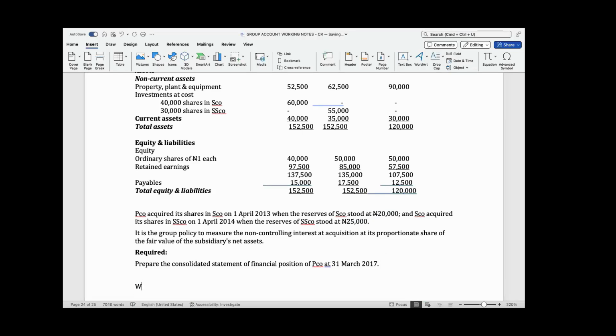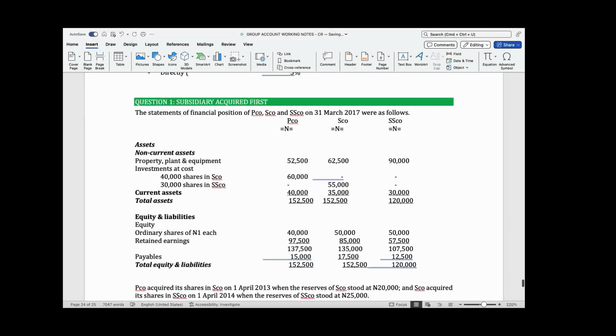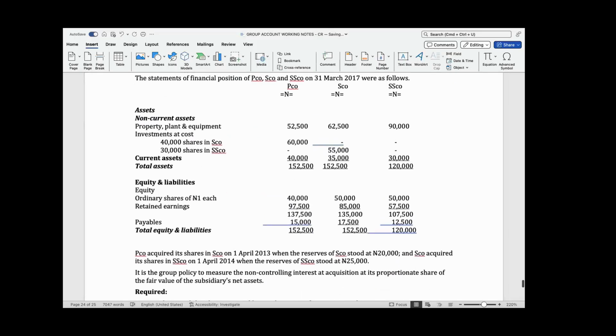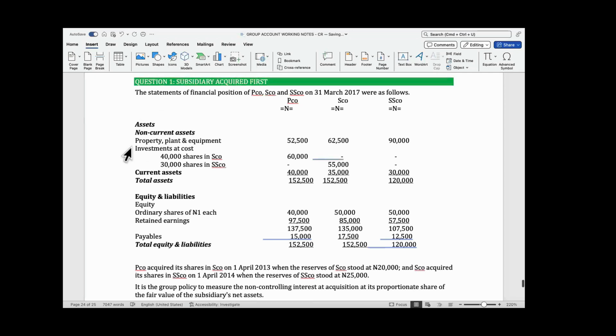Okay. Now, the first thing we need to do, like I mentioned, because the only intra-group transactions happening here is just the investment. It's just the investment that PICO made in ESCO and also ESCO made in SSCO. So, of course, to cancel our transactions between PICO and ESCO, I've shown you from the revision I did with you.